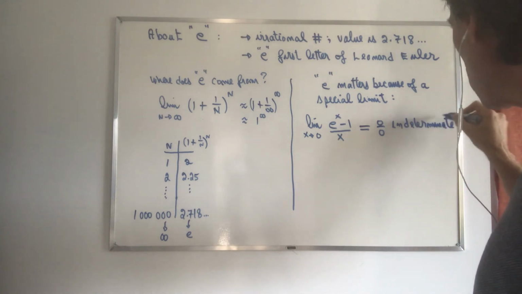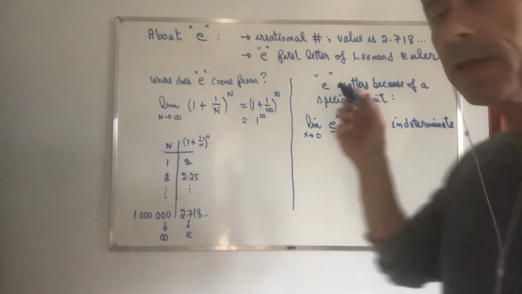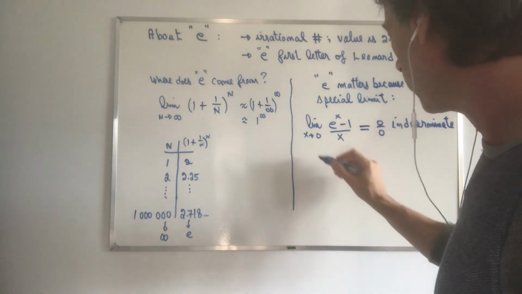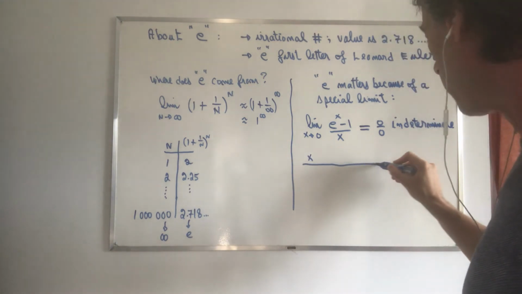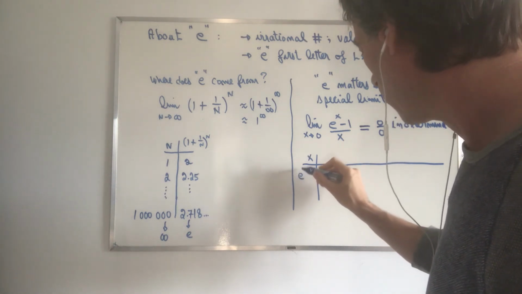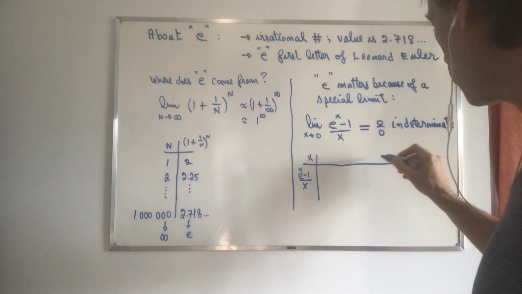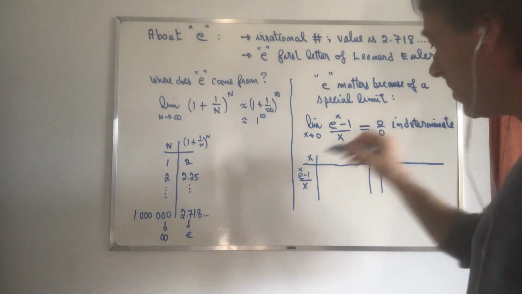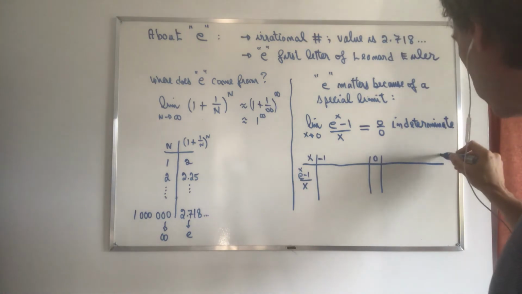Now, there's no easy way to actually crack this limit to know exactly what it is, except doing the numerical value. So numerically, I am going to have a little bit of a table like that. Let's remember what the numerical method is about. We put the target point right here, and then we take on either side the first whole number that we encounter, so minus 1 here and 1 there.